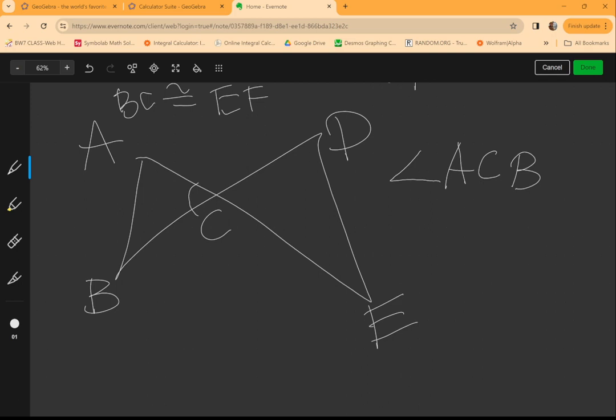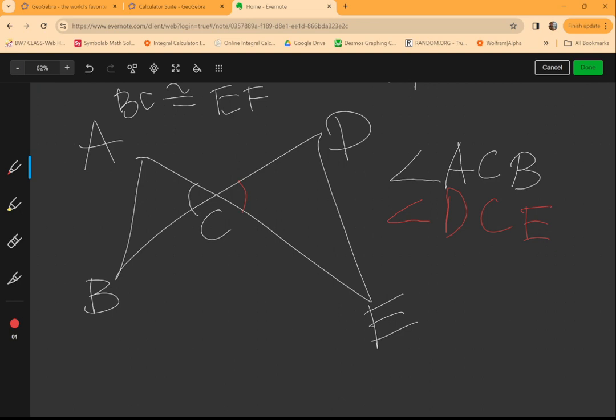You just trace it, starting at A, going to C, and then B. That helps distinguish it, for example, from angle DCE, which would reference this angle right here.